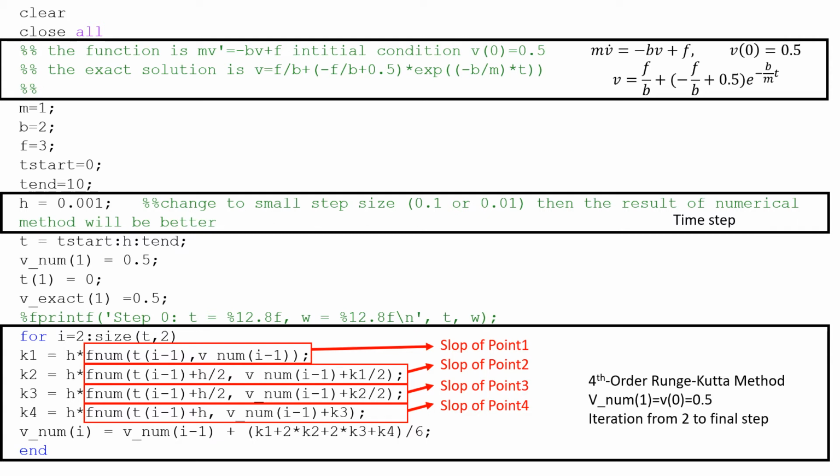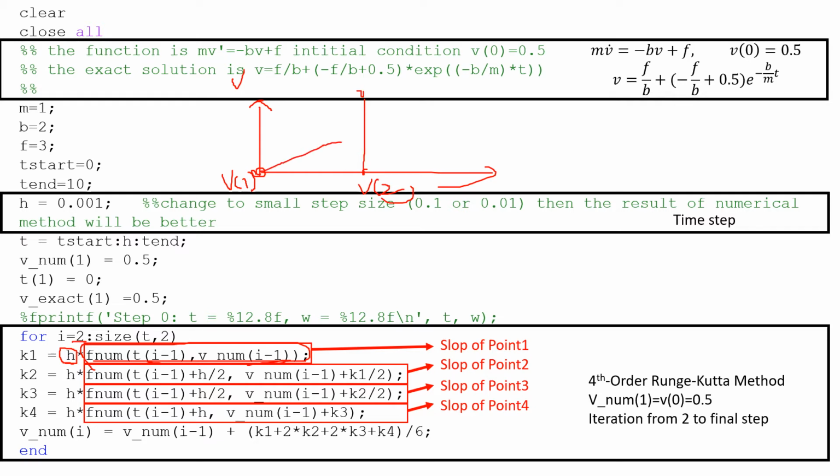So for the second point, my previous slope is given by this function, and when I multiply it by the time step, I can get the increment in the velocity. I have the first point, which we call V, and the second point.